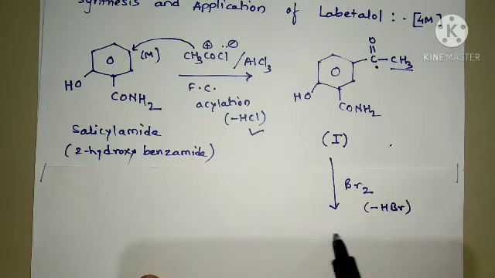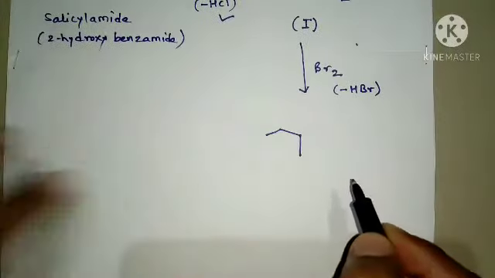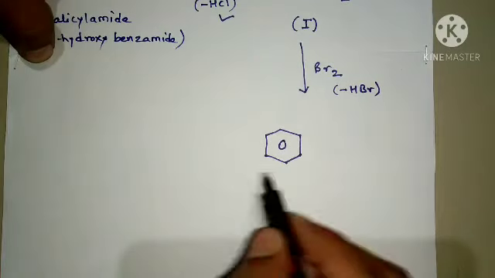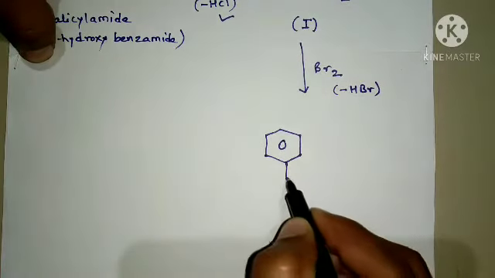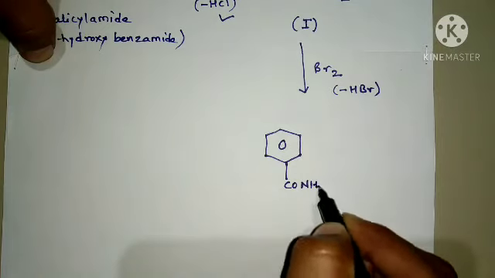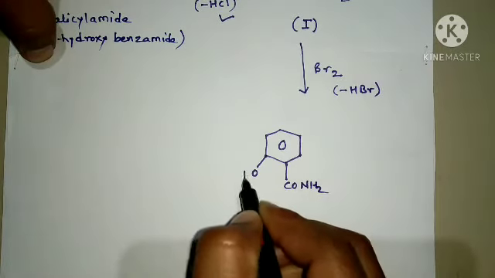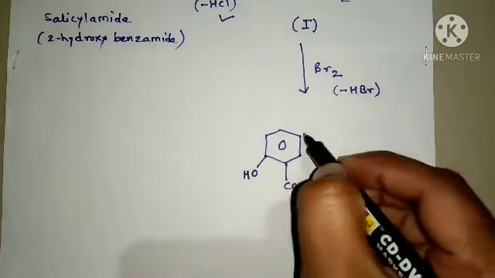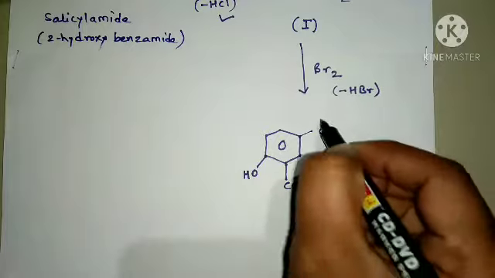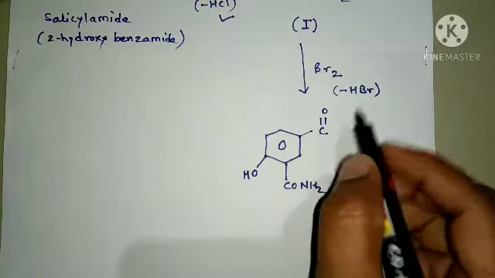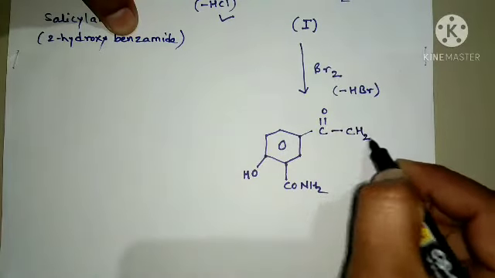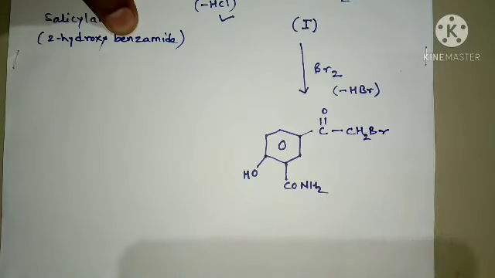So how do we get the second intermediate? The benzene ring is attached to CONH2, then the ortho position has an OH group, and the meta position has undergone bromination at the CH3 carbon, so the remaining part is CH2Br.